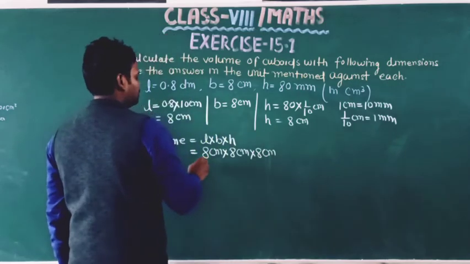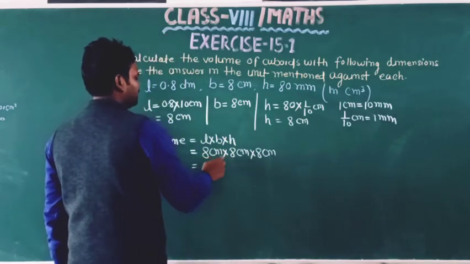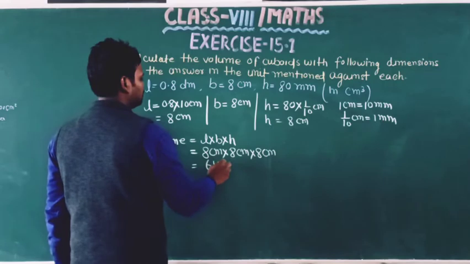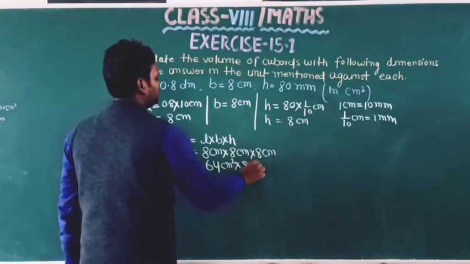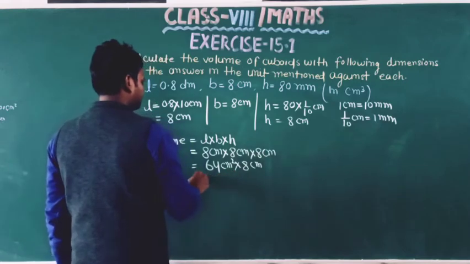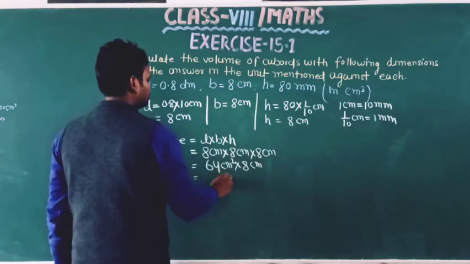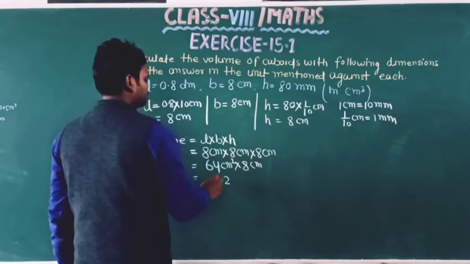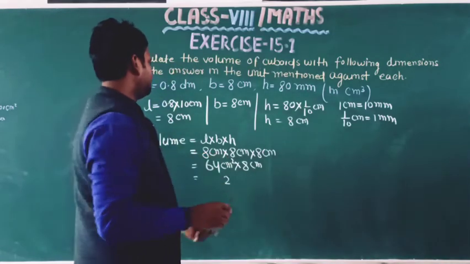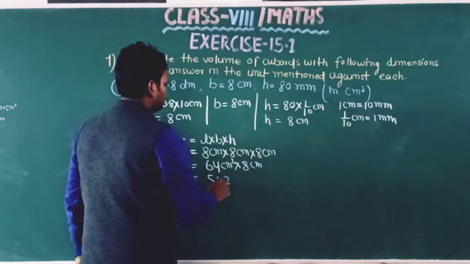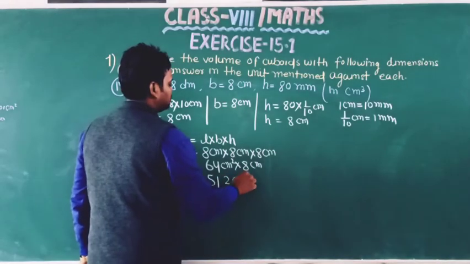So this is 64 centimeter square into 8 centimeter. 8 into 8 is 512 centimeter cube.